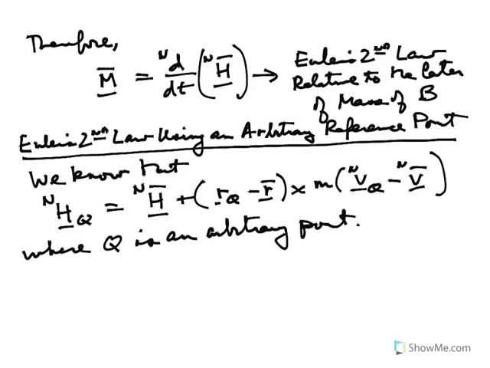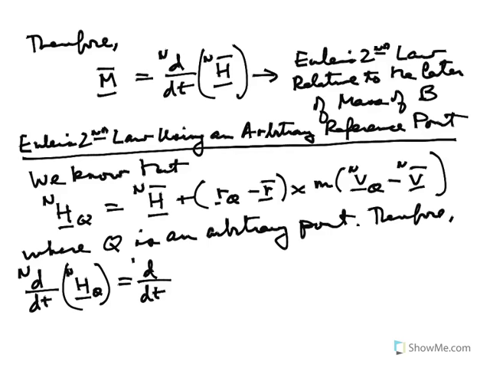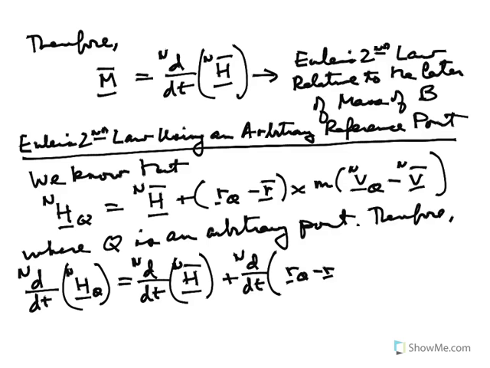So again, let's take the rate of change. Therefore, the rate of change in N of HQ in N is equal to the rate of change in N of H bar in N, plus the rate of change in N of (RQ minus R bar) crossed with M times (VQ minus V bar) in N. Now, let's go through this calculation.